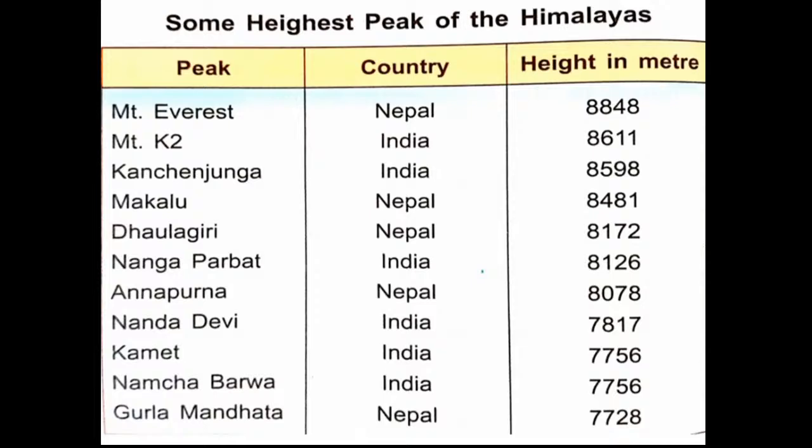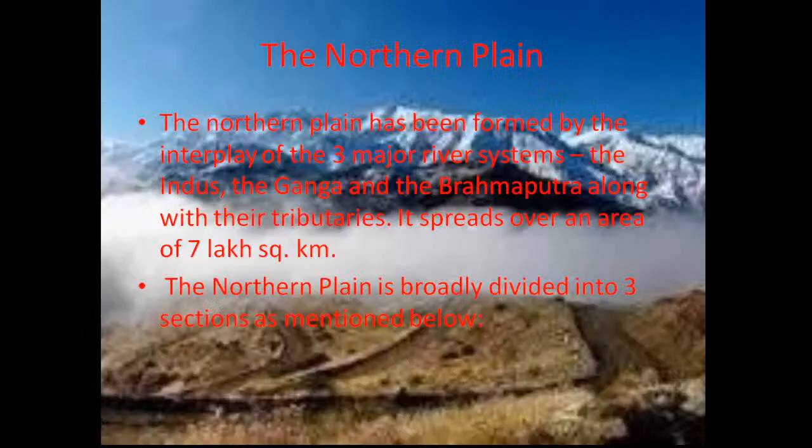Then the next is Annapurna. It comes in Nepal, and the height is 8078 meters. Then the next is Nanda Devi. In India it is, the height is 7817. Kamet, the height is 7756.